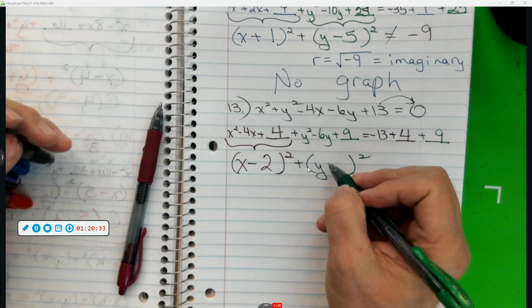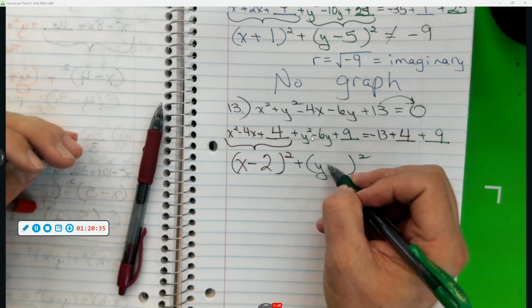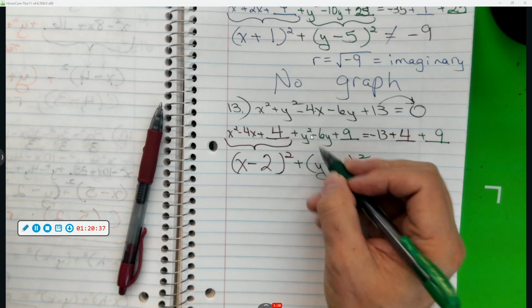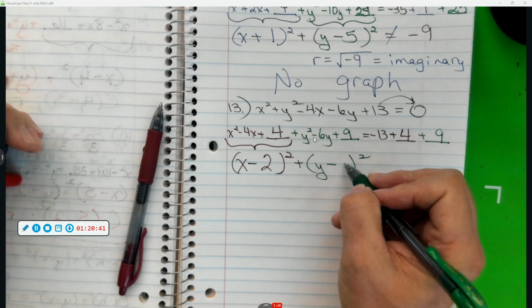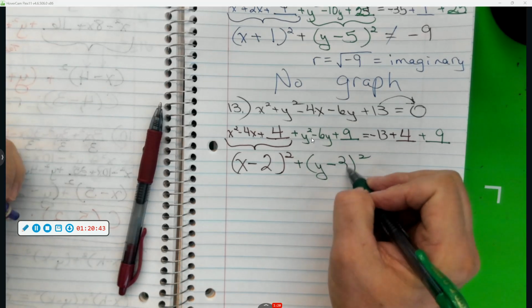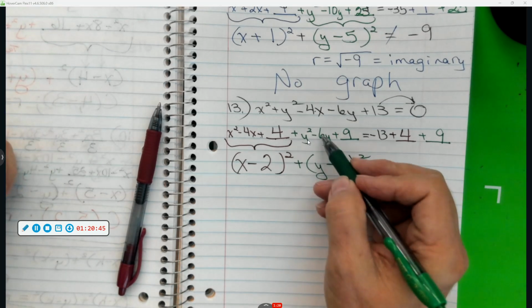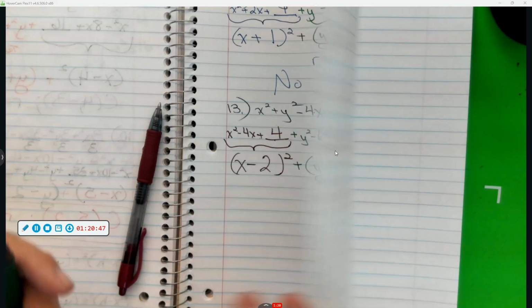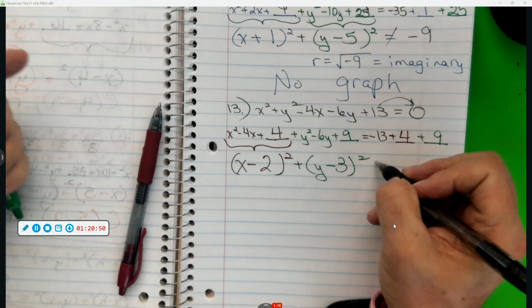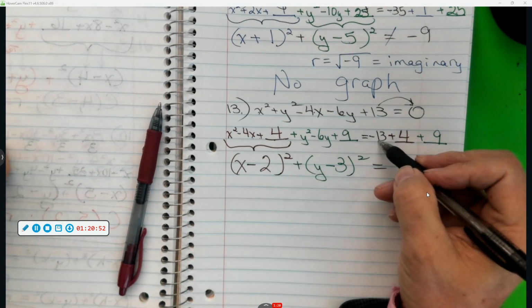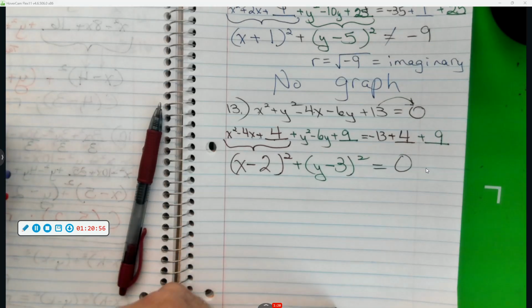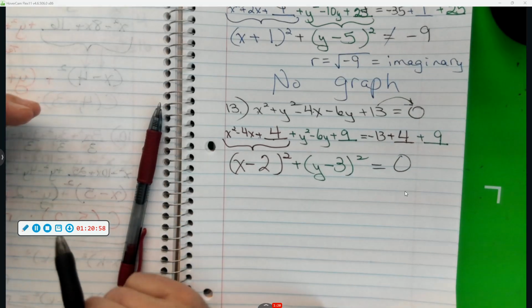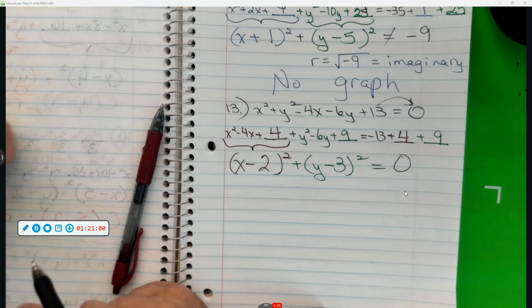Y, plus or minus? Look at the next sign. The next sign is a minus, and here 3, okay, variable, sign, half of that number. What have we got on the right? Negative 13 plus 4 plus 9, that's negative 13 plus 13. We have an r squared value of 0.